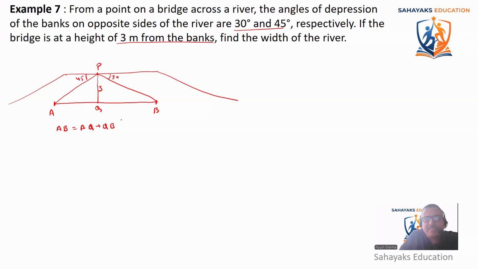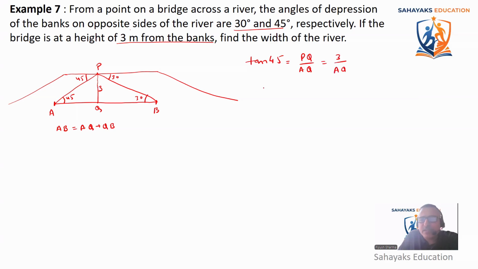So for finding AQ, we'll say tan 45, because this is 45, this angle will also be 45. And then this is 30, this angle will also be 30. And that is why we're taking tan 45 comes out to be PQ divided by AQ. And tan 45 comes out to be 3 divided by AQ.